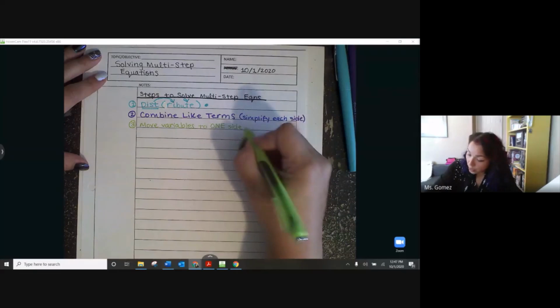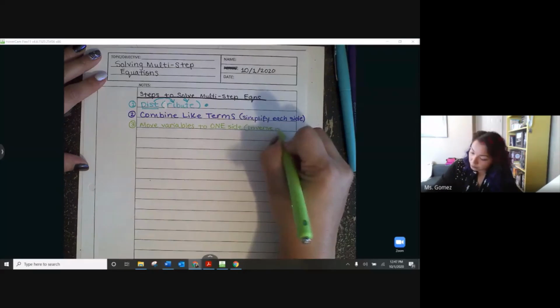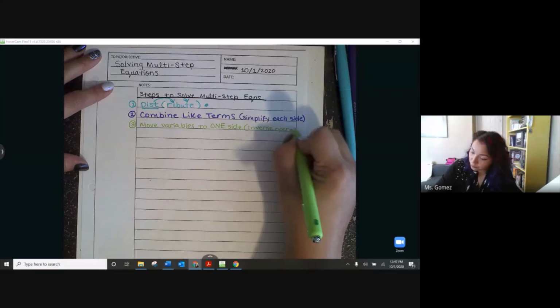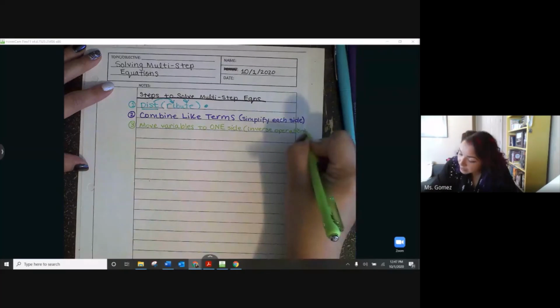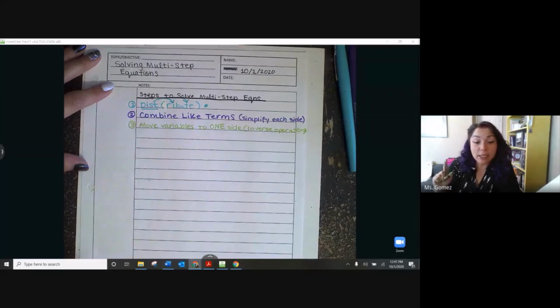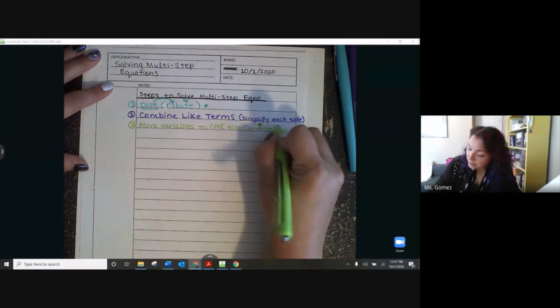Now, we're going to do that by using inverse operations. Specifically, we're going to either use adding or subtracting for this step.